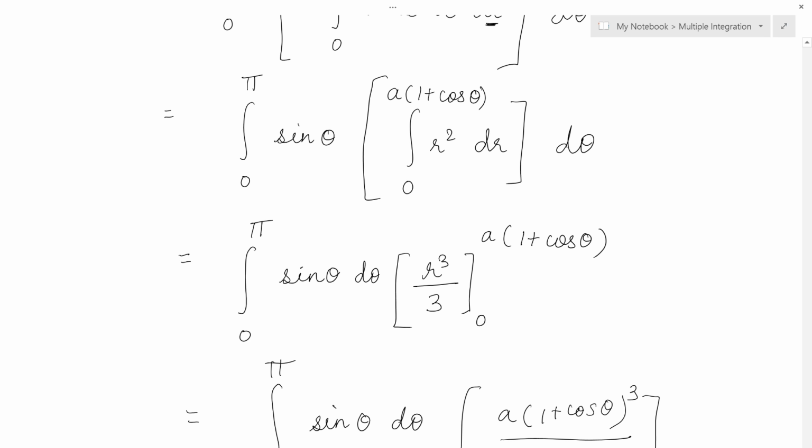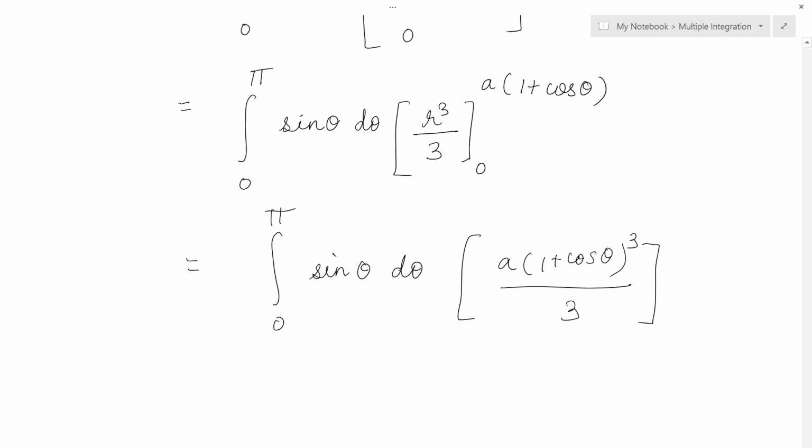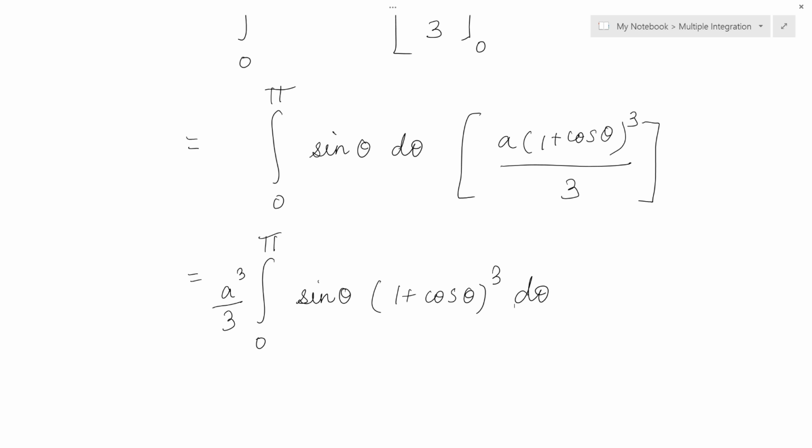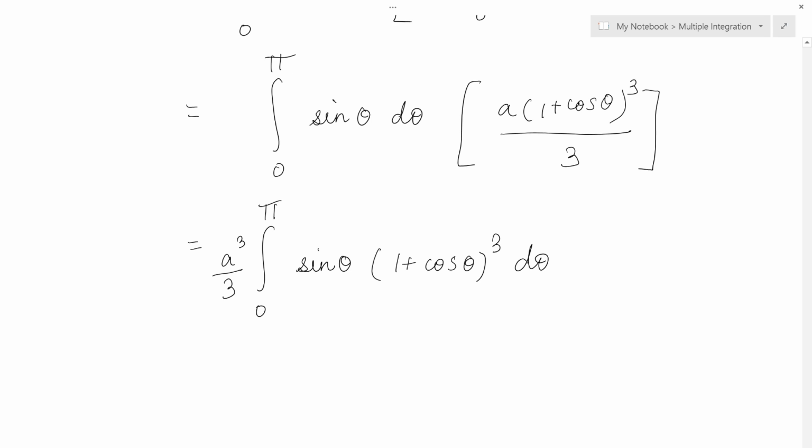Okay. So now let me simplify this. This can be written as 0 to pi sine theta, a cube can be taken outside the integration, 3 can be taken outside the integration, and this is 1 plus cos theta the whole cube d theta. So now what we will do is, you know that you have a formula.